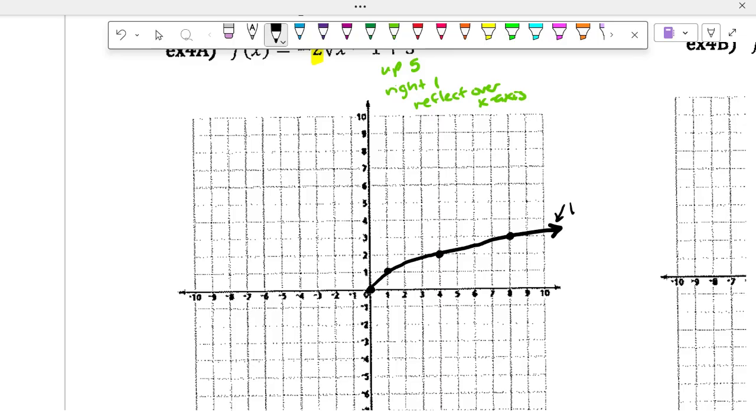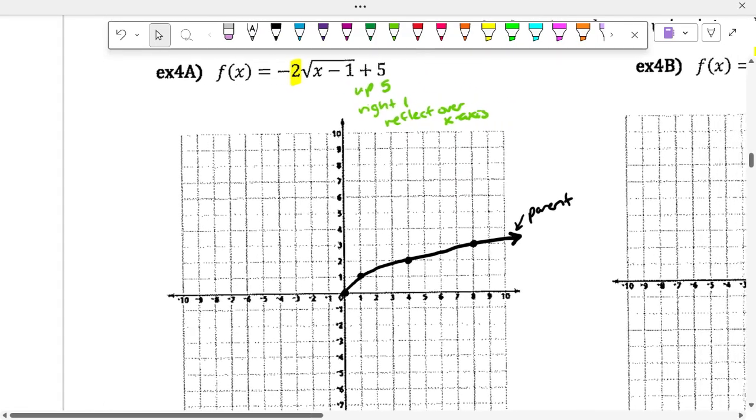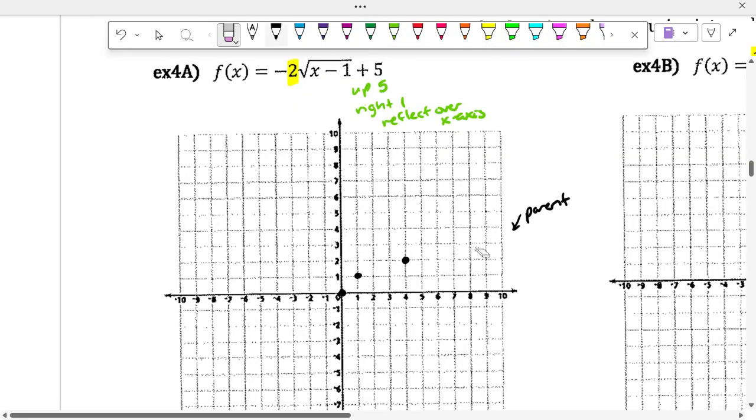So again, this is my parent function. Yeah, it's 9, 3. Oops. Still similar shape.